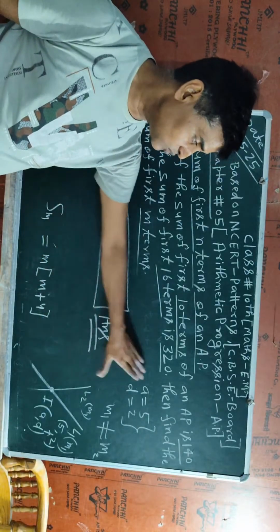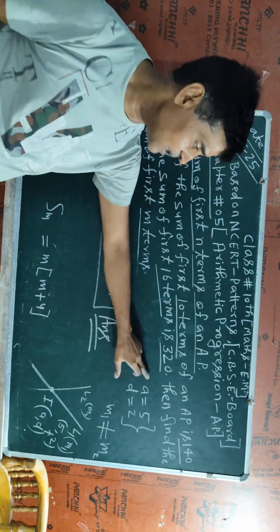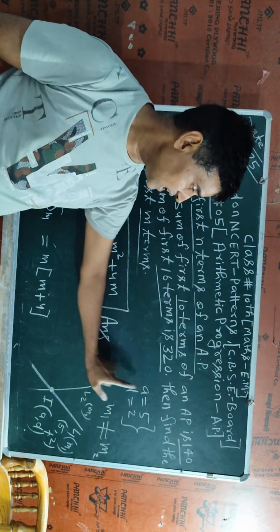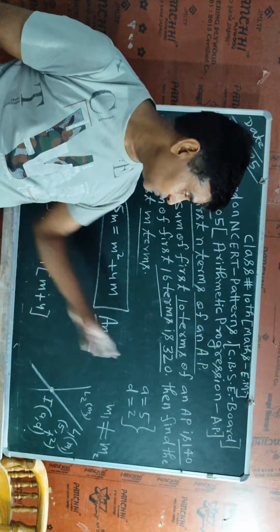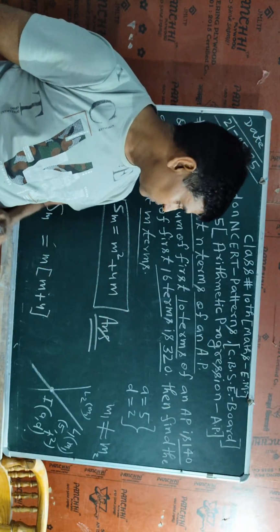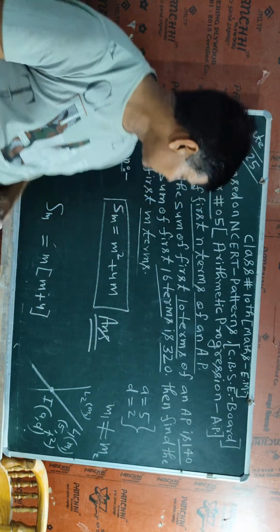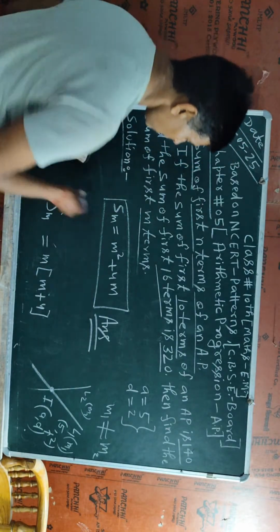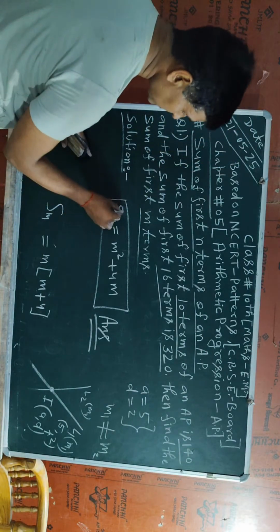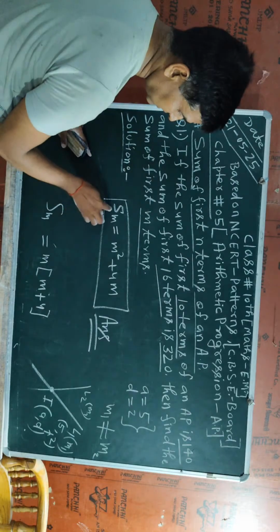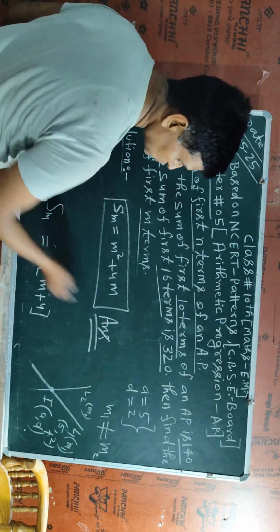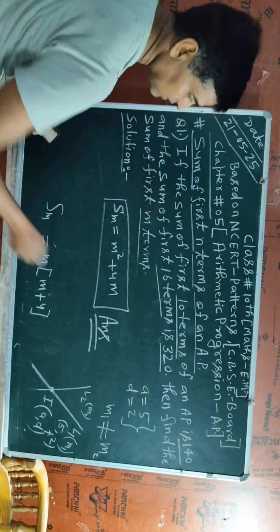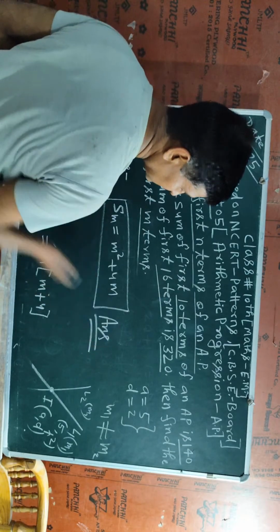After writing the formula, I substituted the values of a and d from equation number 3, and then simplified. After simplifying, I got that the sum of first m terms of the arithmetic progression, Sm, is equal to m square plus 4m. So this is the final answer of the given question.